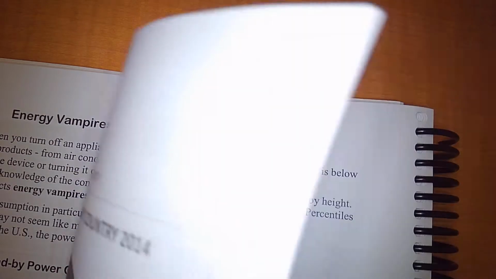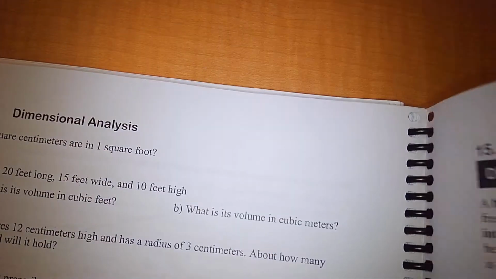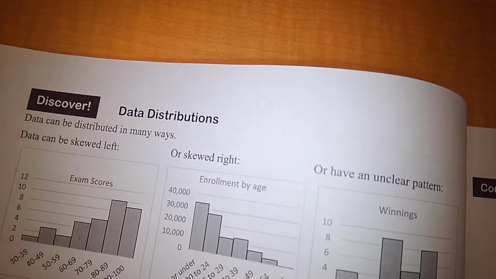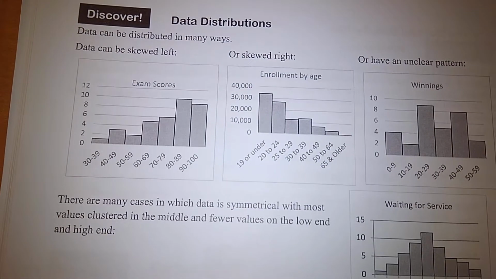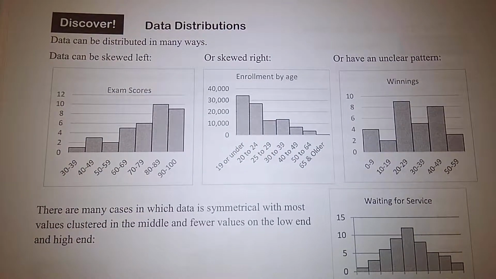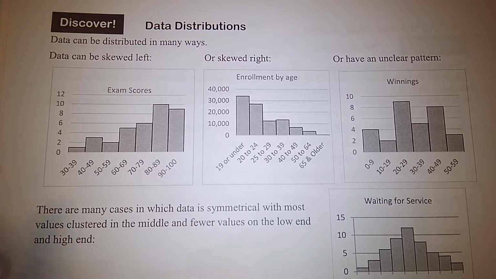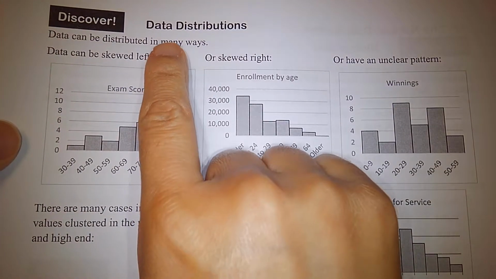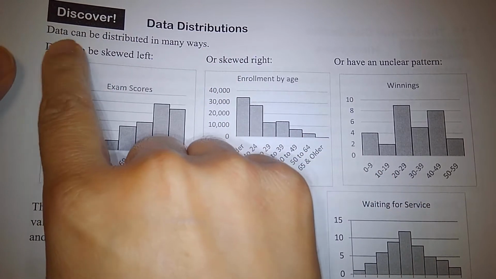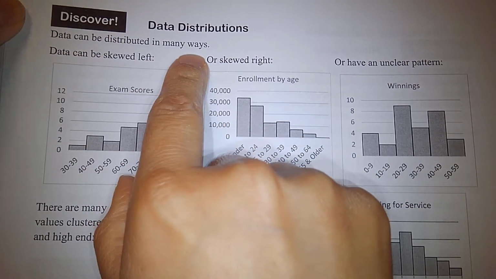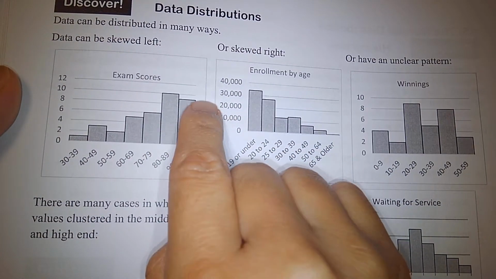So let's go back to page 188. We talk about normal distribution at the first. On this page it says for data distributions, data can be distributed in many ways. Sometimes the data is skew left.